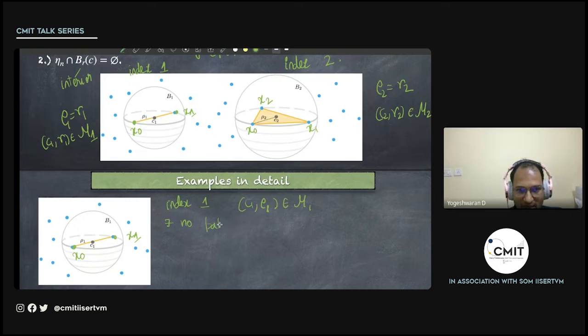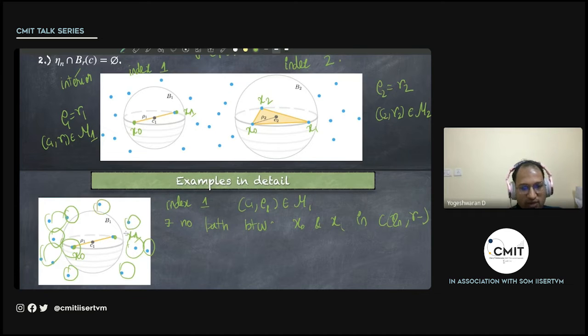Say no path between x0 and x1 in the Cech complex at r minus, that is, I look strictly less than r. I look at the union of balls, all strictly less than r. Suppose there is no path here.